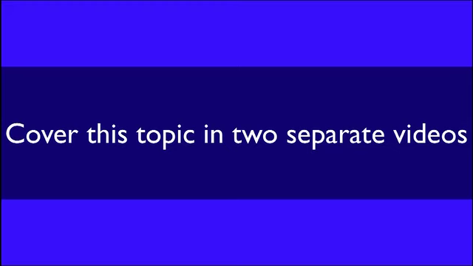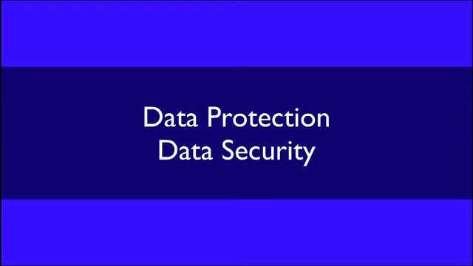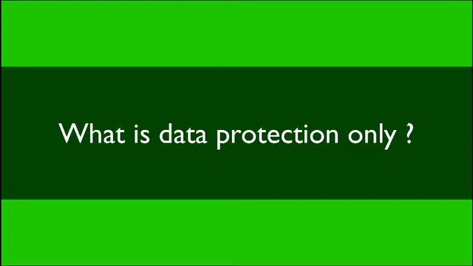All right, so I want to cover this topic in two separate videos. Right now, I'm going to discuss data protection, and then in the next installment, I'll get into data security. So what is data protection only? Well, that's where you're taking files from your computer and uploading them to the internet somewhere off-site so that it's protected.